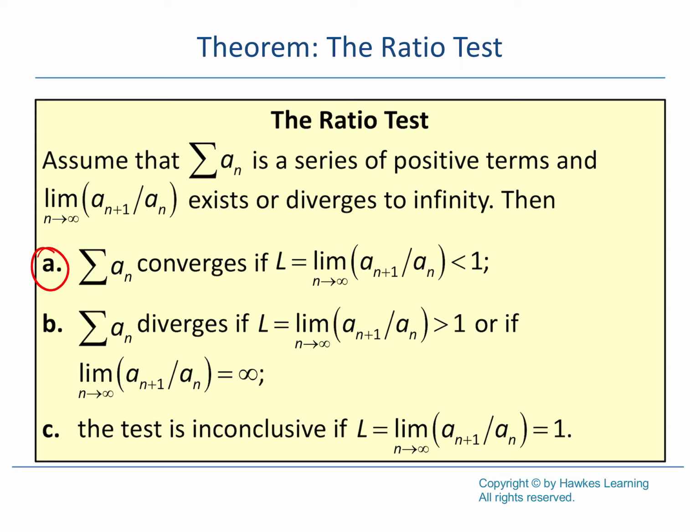For part B, if that ratio eventually tends to some number that's greater than 1, or if that limit equals infinity, infinity is greater than 1 last time I checked, that would be the divergence case. And we have this third case of inconclusivity, where if that limiting value is 1, it's inconclusive because it could converge or diverge, as we'll see in just a second. There are examples of both.